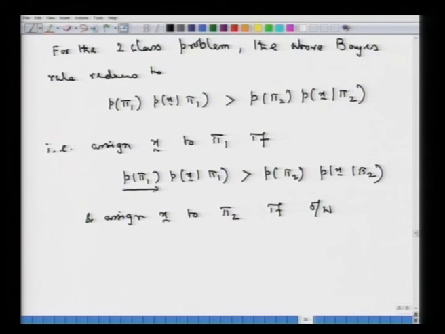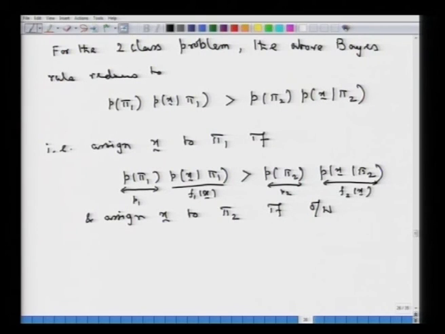In the previous notation, we denoted the prior probabilities by p_1 and p_2, and the densities under π_1 and π_2 by f_1(x) and f_2(x), as when we were deriving the TPM minimizing rule.